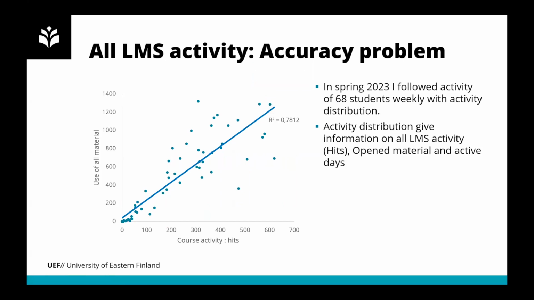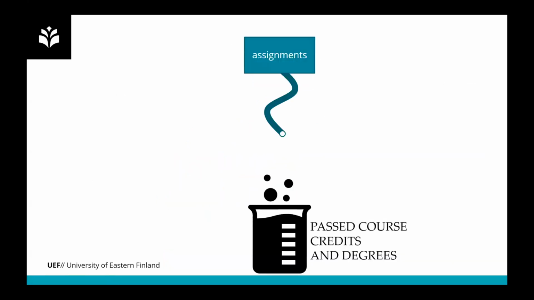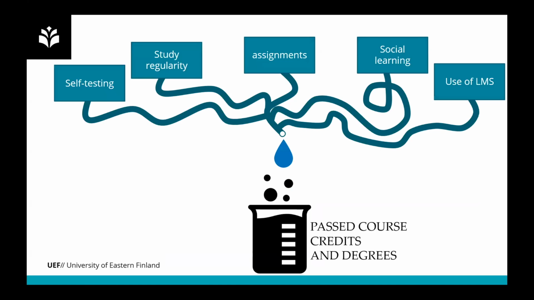Or in some cases, the information from different sources is not completely accurate, so there might be small changes in the numbers also. But anyway, we can have different things that are affecting who will pass the course or not.